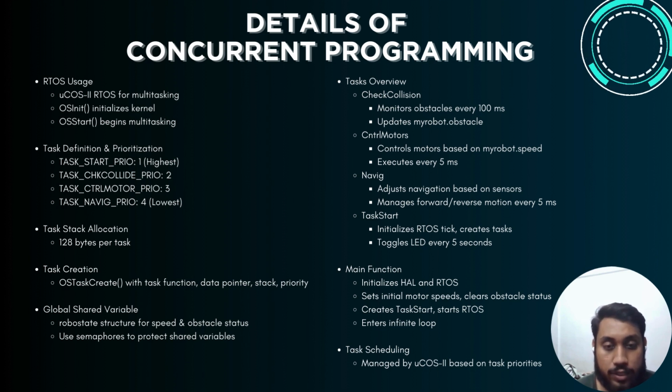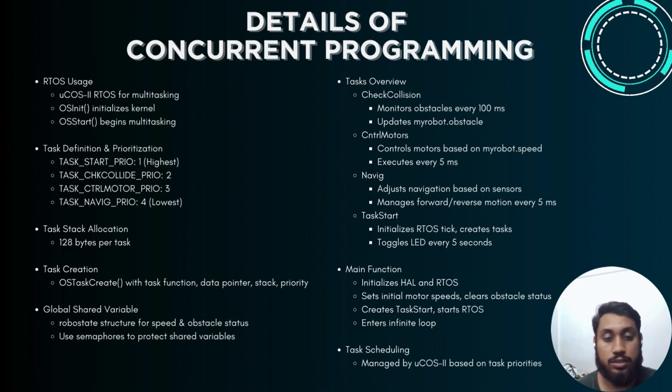Here is our main function, which initializes the HAL and RTOS, sets the initial motor speed and clears the obstacle status, creates task start, starts the RTOS, then enters an infinite loop. The last one is task scheduling, which is managed by uC/OS-II based on the task priorities.